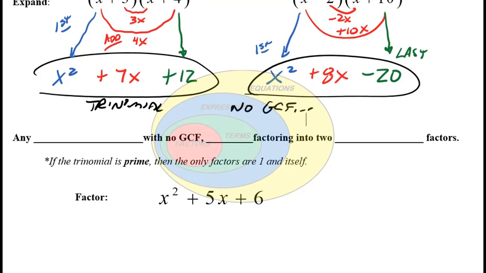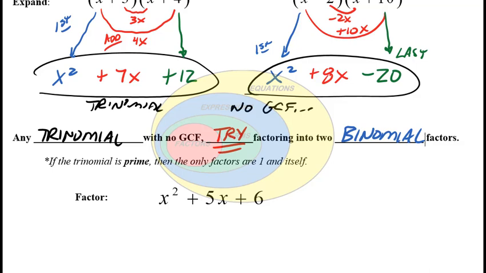So any trinomial with no greatest common factors in all the terms, we want to try, and this is the key, to look for two binomial factors. So we're basically kind of guessing which factoring is. If I know how to multiply really well, I should be able to factor efficiently.